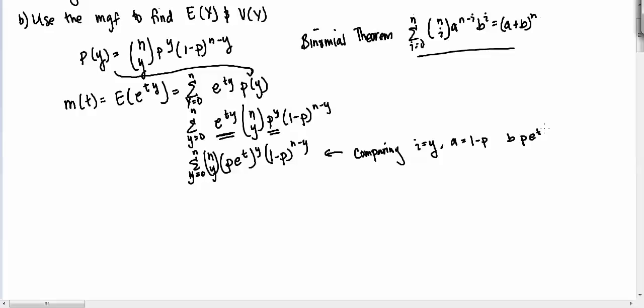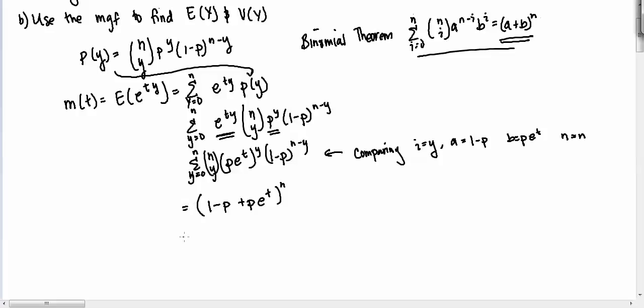Is that correct? Yeah, that's right. So I can basically just quote this part and simply write a plus b, so that would be 1 minus p plus p e to the t, to the nth power. And comparing, my n is equal to n. Those n's are the same. All right, so that's the equation.